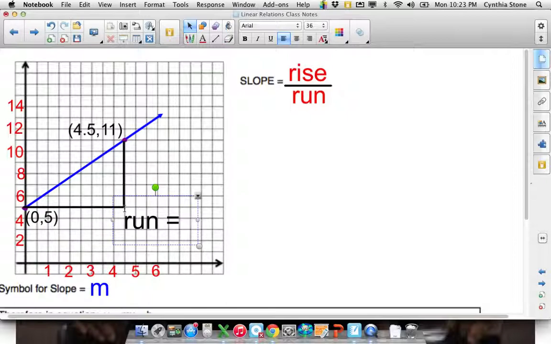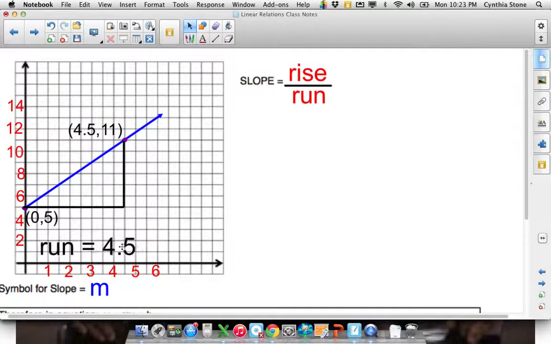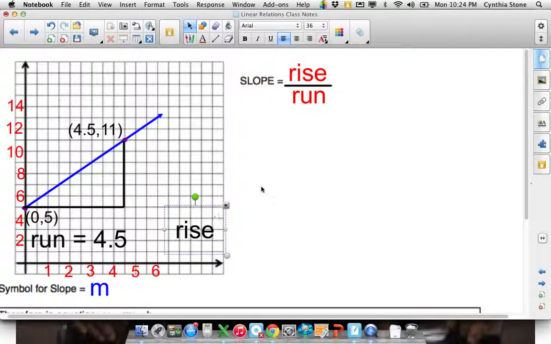It's gone from 0 to 4.5, so that's my run. The run is how much it goes across by. So you pick 2 points, figure out how far it goes across by, and then ask how much does it go up? That's the rise. Rise equals, so it started here at 5 and went up to 11, so 5 to 11, the rise must be 6.